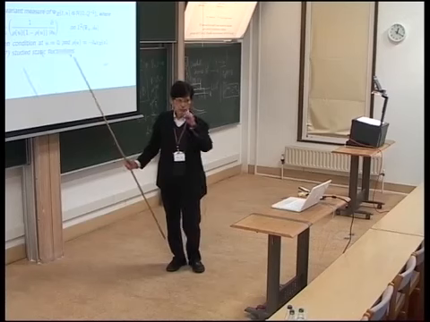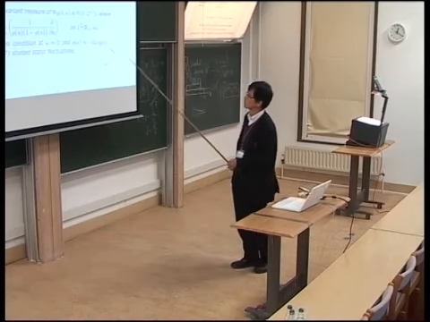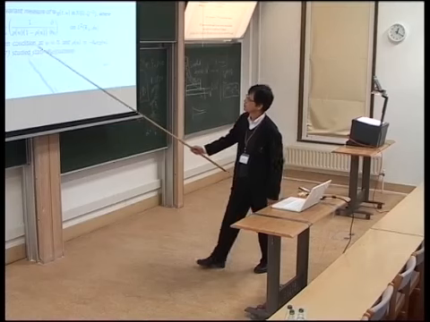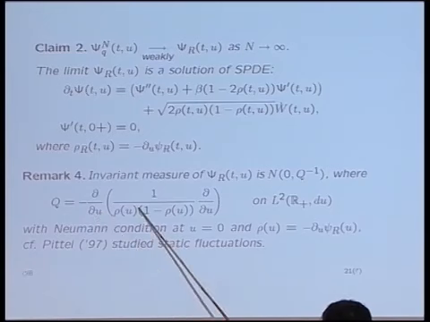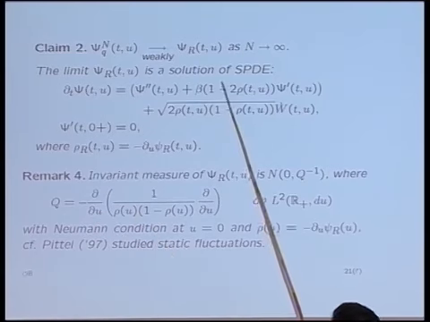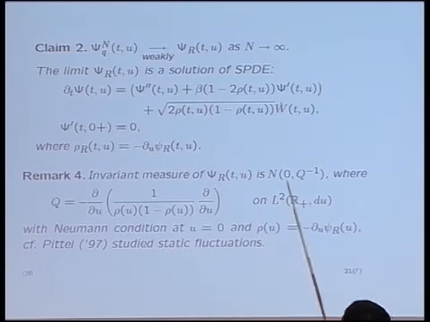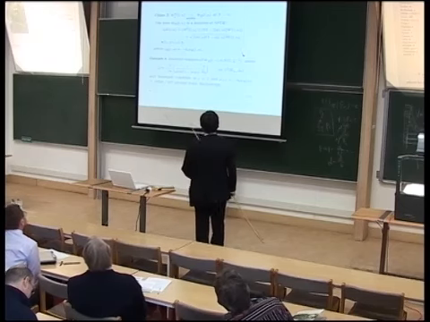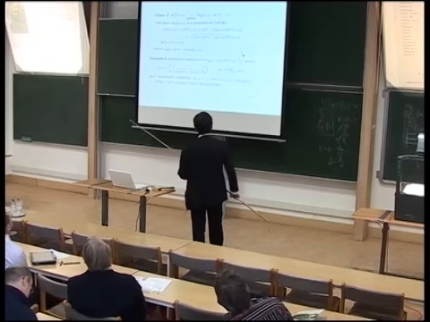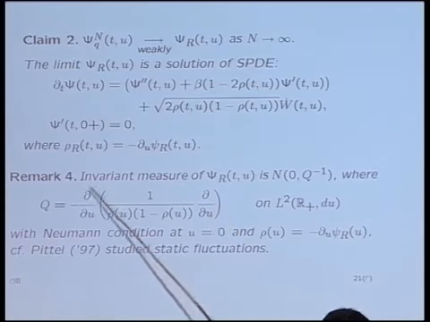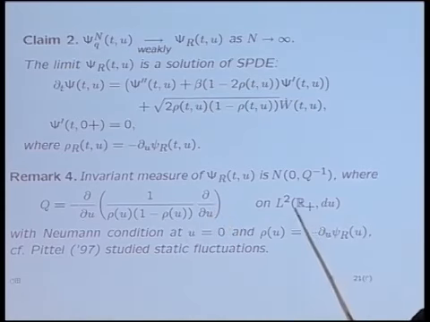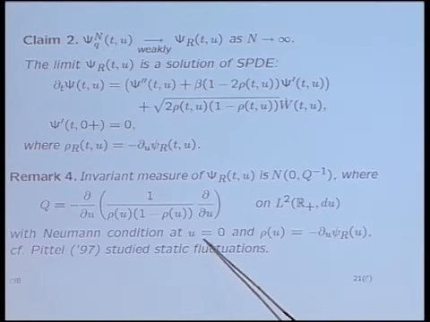As Professor Da Prato gave a talk, in our case, the covariance operator is given by this formula for this equation. Then the invariant measure is just a mean zero Gaussian with covariance operator given by this, defined on this L2 space with Neumann boundary condition at 0.